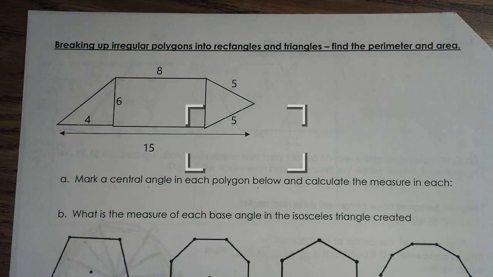You know how to find the area of a triangle. This is a triangle and that's a rectangle. So break it up, find the area of each one of those individually, and then add those pieces together. That would be the area of the whole thing. But I don't want to focus too much on that because I feel like you guys are comfortable with that kind of thing.